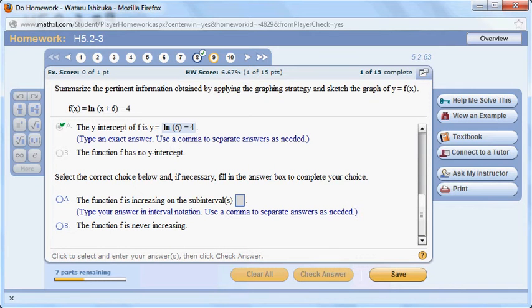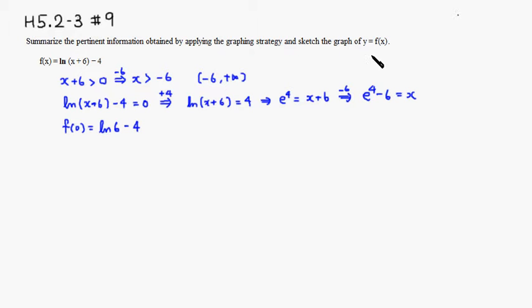Then we want to find increasing and decreasing, so we're going to do a first derivative. The derivative of natural log of x plus 6 is x plus 6 on the bottom, and the derivative of the inside, 1, on top. The derivative of negative 4 is 0.